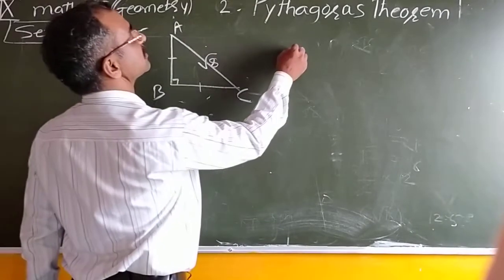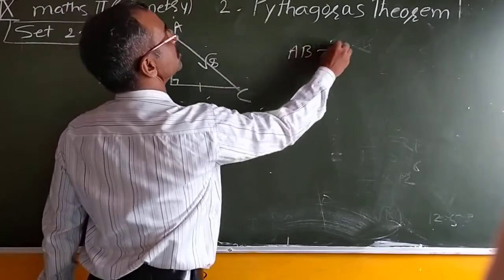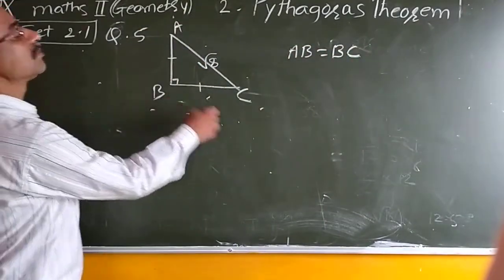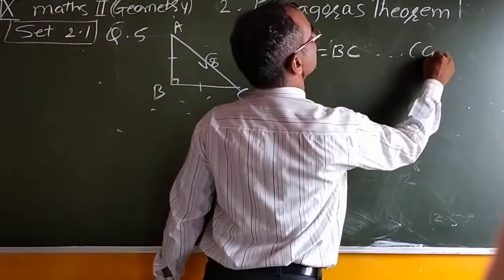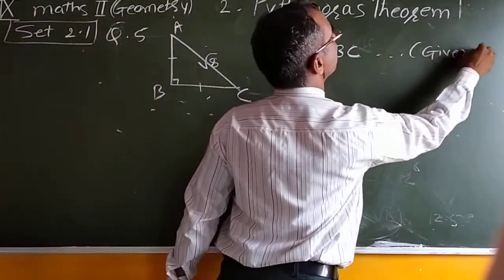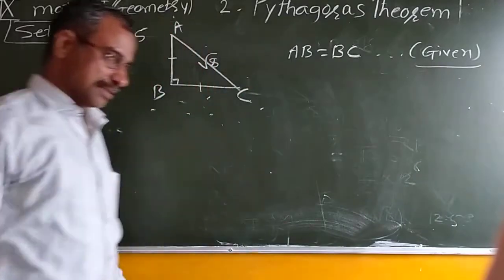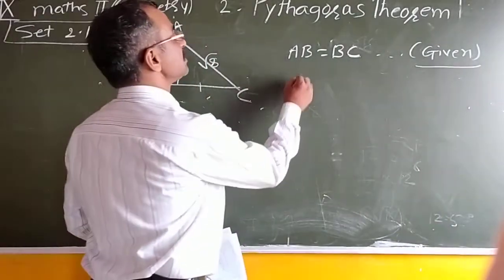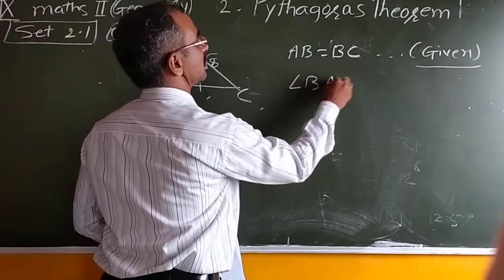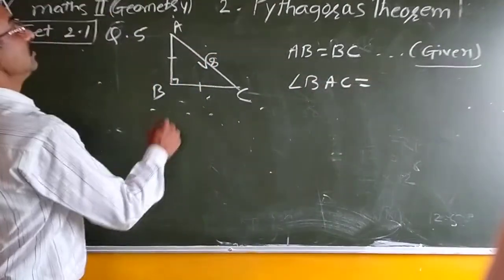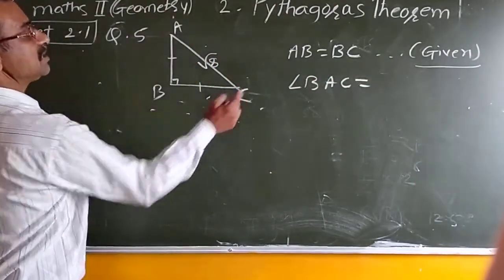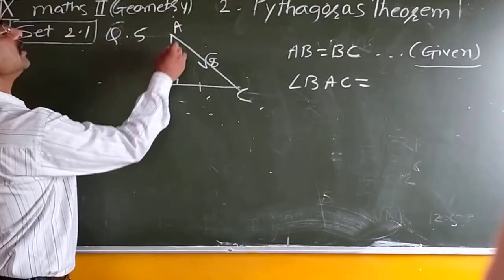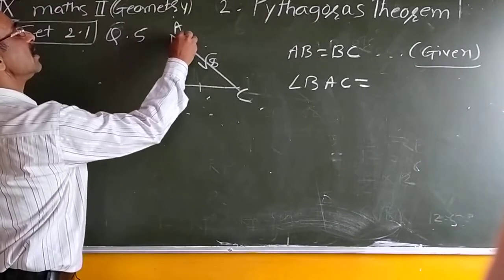Do the activity. First, AB is equal to BC. Already it is shown in the diagram, so it is given. For this blank space, we write the given things. Then angle BAC is equal to, where is the angle? BAC. When the two sides are equal, then these angles are also equal.